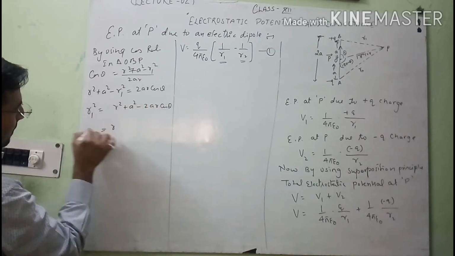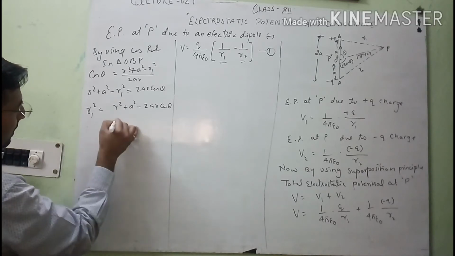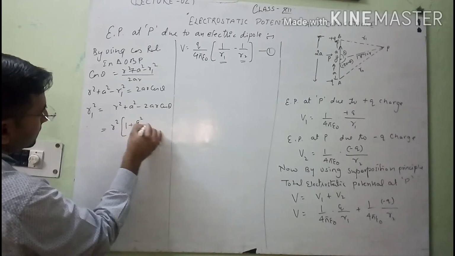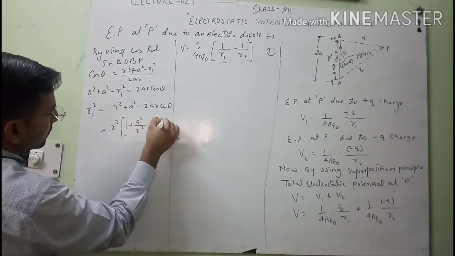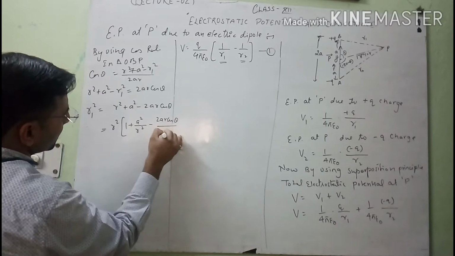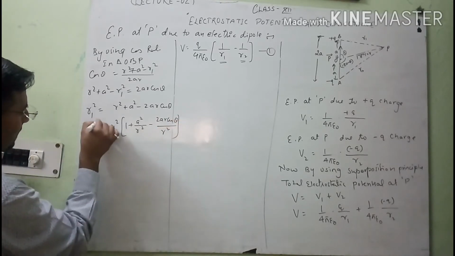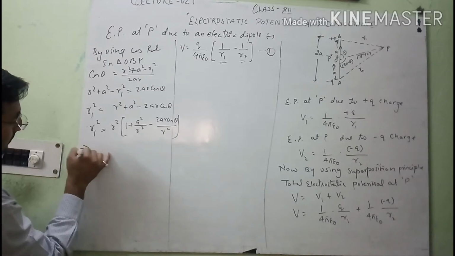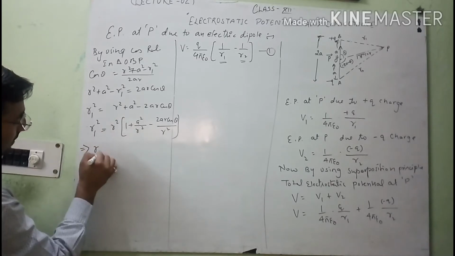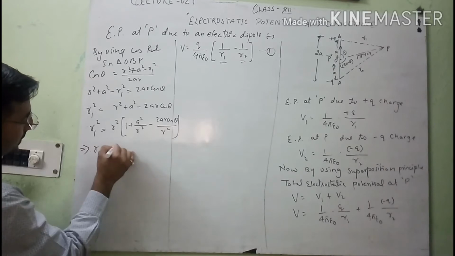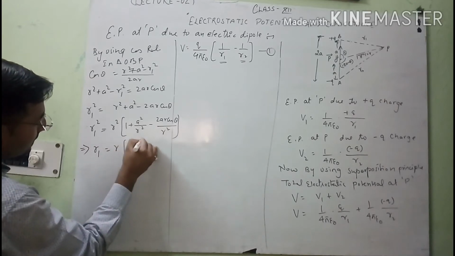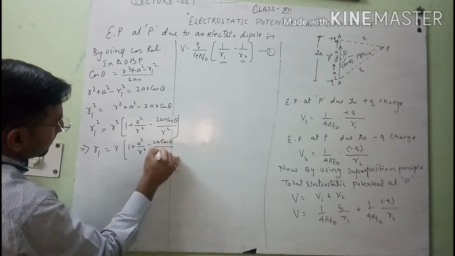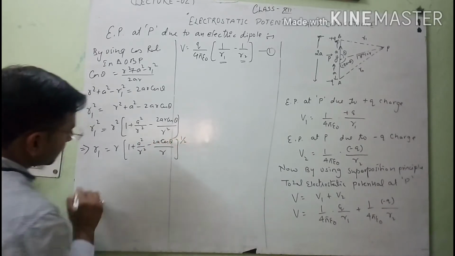Taking R square common, we get R square times 1 plus A square by R square minus 2A cos theta by R. So the value of R1 equals R times 1 plus A square by R square minus 2A cos theta by R, raised to the power half.